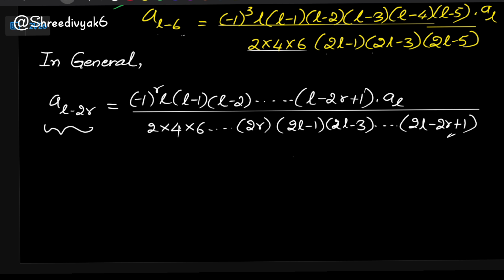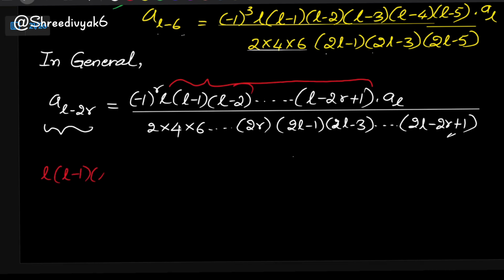So just look at this value. You have L into L minus 1, L minus 2 and so on up till L minus 2R plus 1, the rth term. So let me consider L into L minus 1, L minus 2, so on up to L minus 2R plus 1.